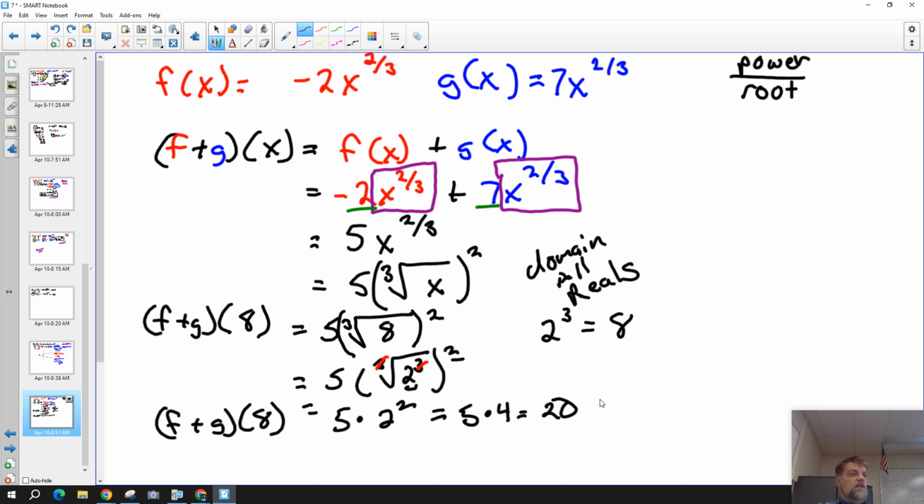Ta-da. Now they want us to do the exact same thing, but now they want us to do f minus g, which is the same as f of x minus g of x.